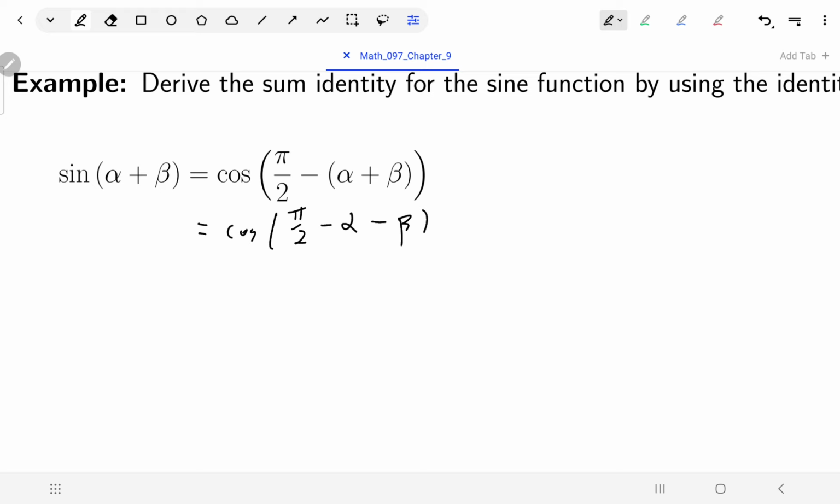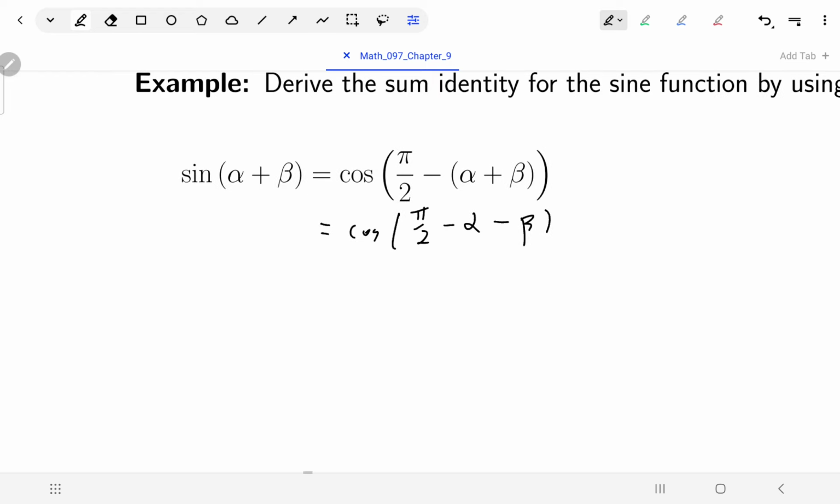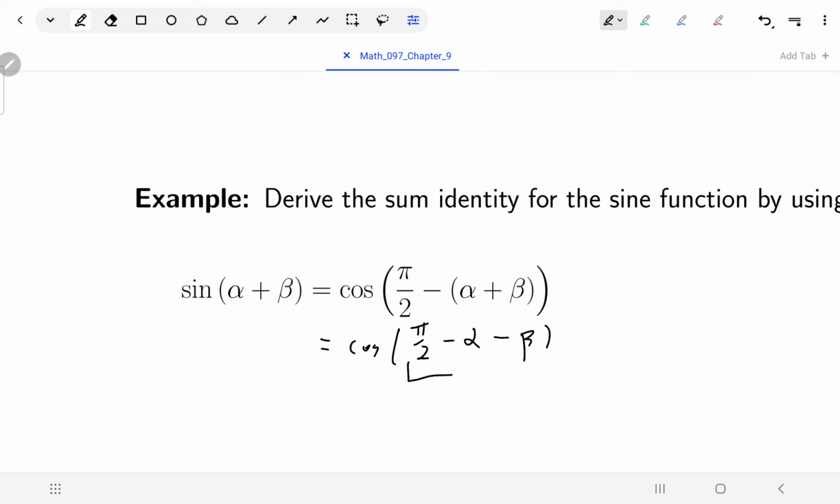So by doing this little bit of rephrasing, I'm going to get it into a form where I can actually evaluate. The plan here is, instead of having 90 being one of the angles and alpha minus beta being the other, I'm going to have 90 minus alpha being one of the angles and beta being the other. So I'm going to put a little set of brackets around here to make it really clear what I'm doing.